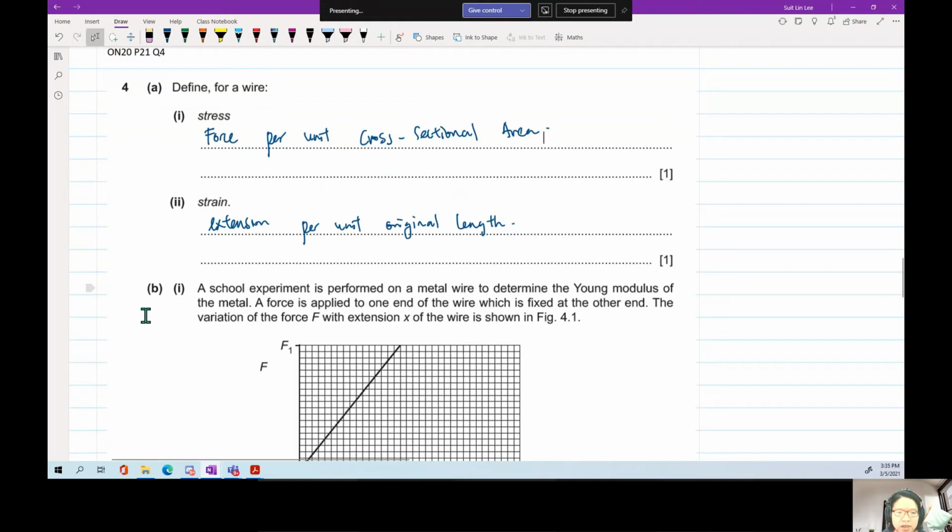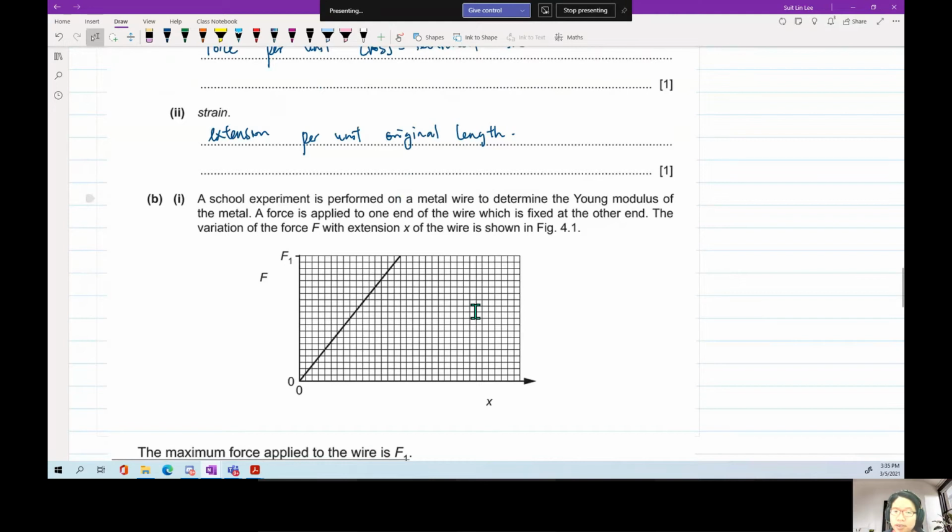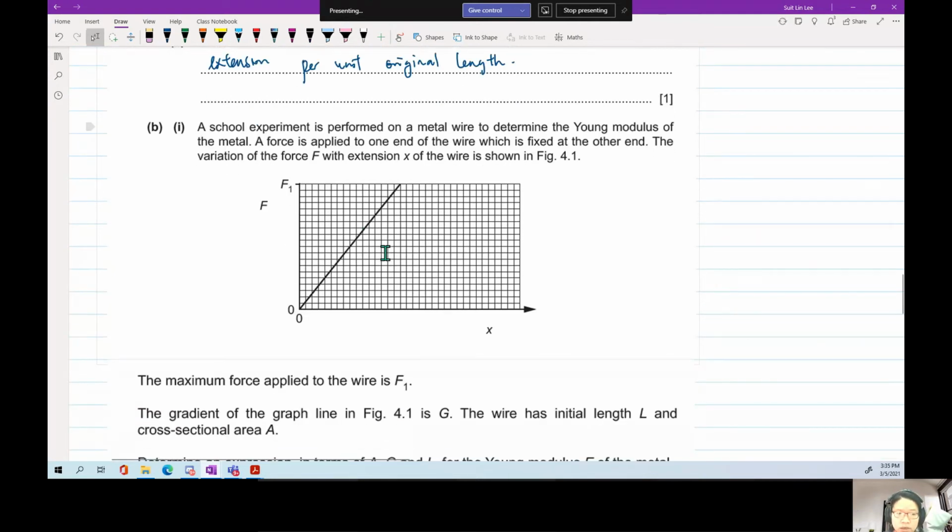All right, done. A school experiment is performed on a metal wire to determine the Young modulus of the metal. A force is applied to one end of the wire, which is fixed at the other end. Okay, the variation of force and extension is shown. It's pretty normal to me. Maximum force applied to the wire is F1.